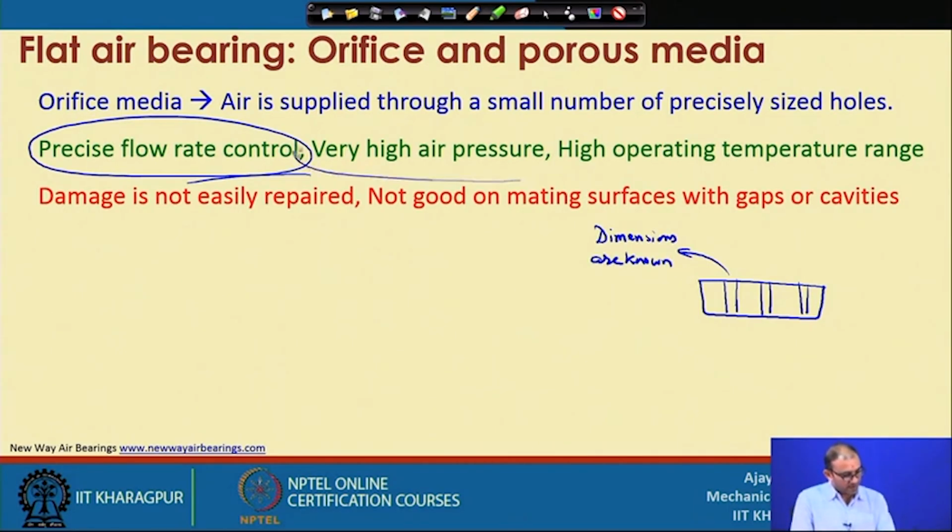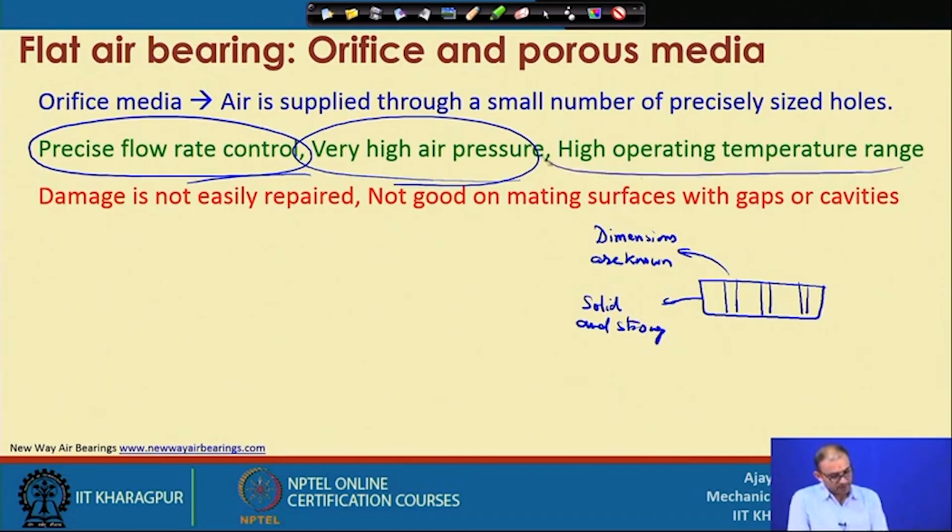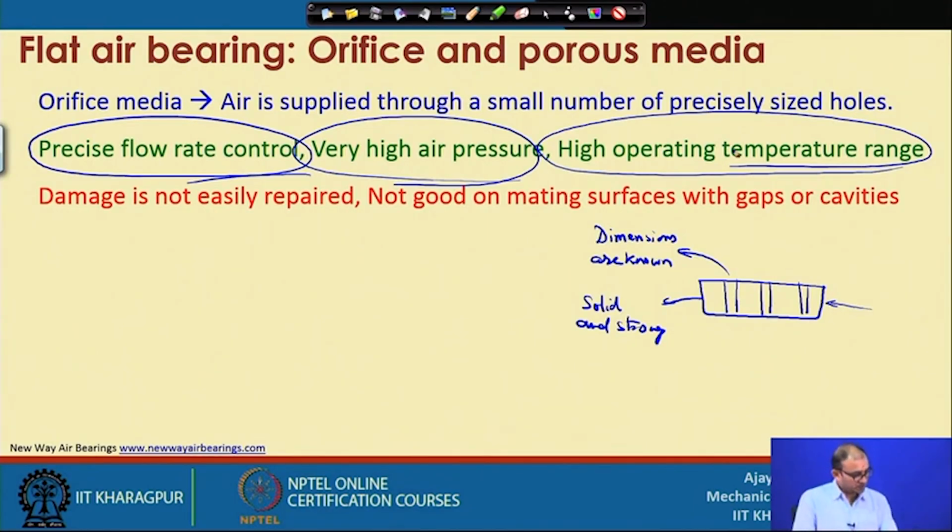A very high pressure rating is achieved because this whole thing is solid, strong material. And a high operating temperature is possible, because temperature will not make much difference here; everything depends on the coefficient of thermal expansion of the material. If you use a very high strength material, then temperature is also not an issue. But the problem is that if damaged, it is not easily repaired.